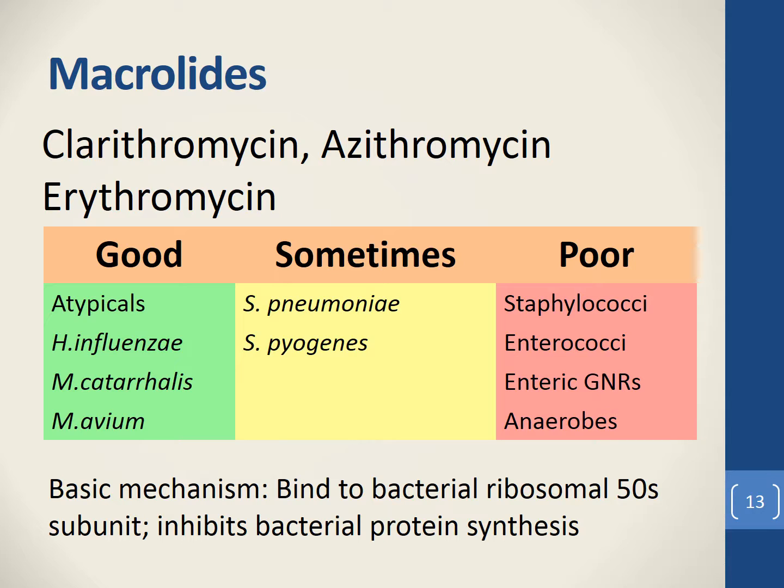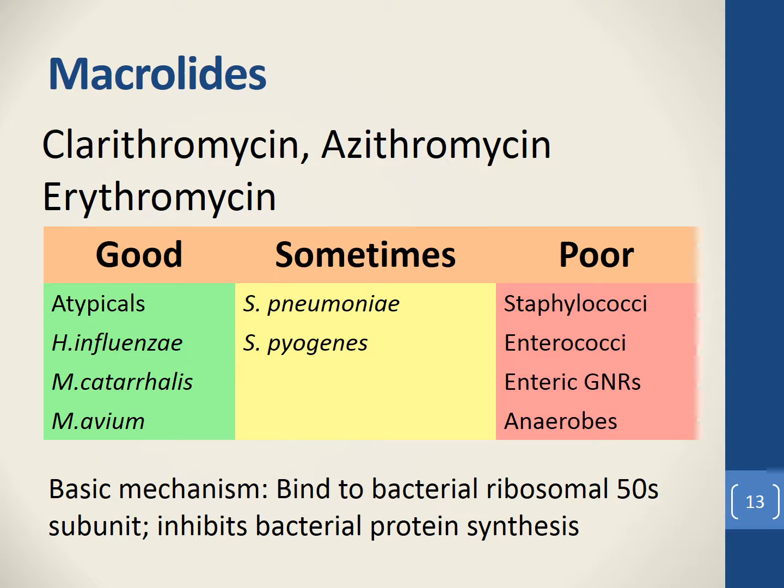You can see that clarithromycin and azithromycin have good coverage against some of the respiratory pathogens. Streptococcus pneumoniae is variable in its coverage, and Strep pyogenes as well. So not a good first-line drug when you're thinking of streptococci.